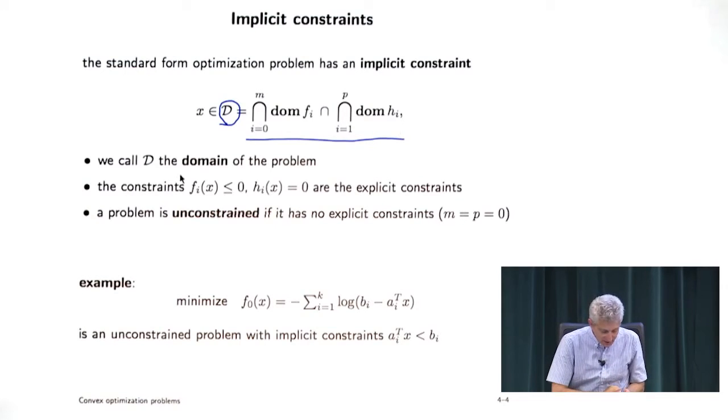And we'll call that the domain of the problem. And what it means is that if you propose an x that's outside the domain of the problem, it means it's inappropriate, because if you're outside the domain of the objective, it says I can't even evaluate the objective to tell you whether or not it's good or bad, right?